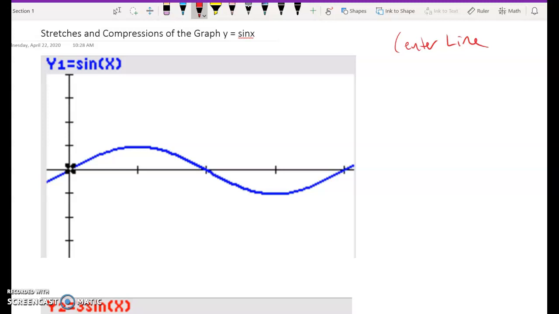It goes up and down and up and down, symmetrically. For the sine function, here's our center line. It creates congruent shapes above and below it, and that line happens to be the line y equals 0.